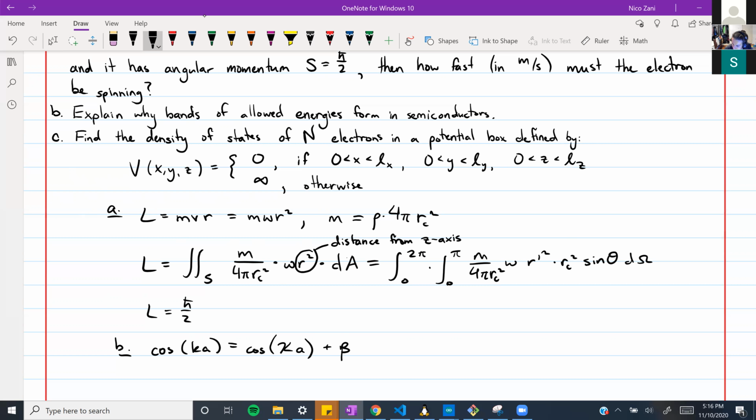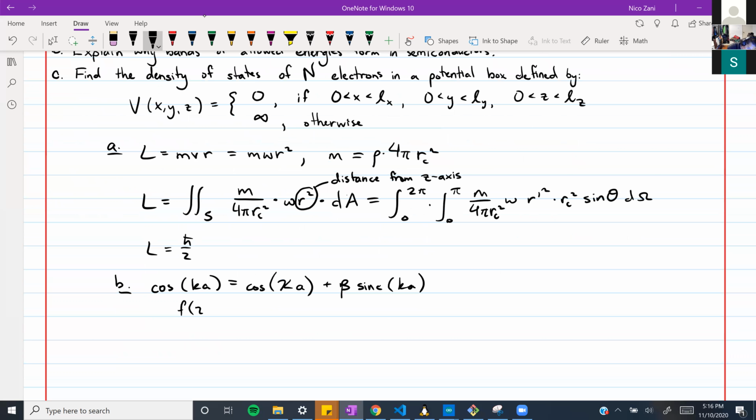It was a sine of Ka. It looks like it was a sinc function here. And the idea there is that if you were to say that this is some f of z, then this is equal to cosine of z plus beta sinc of z, something like this.